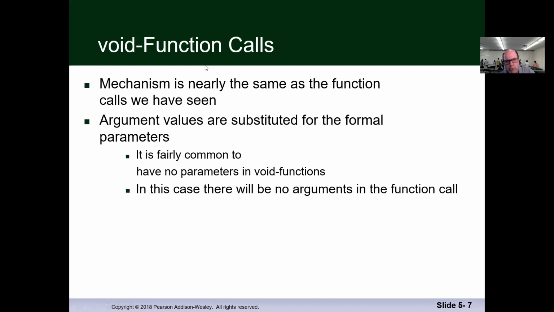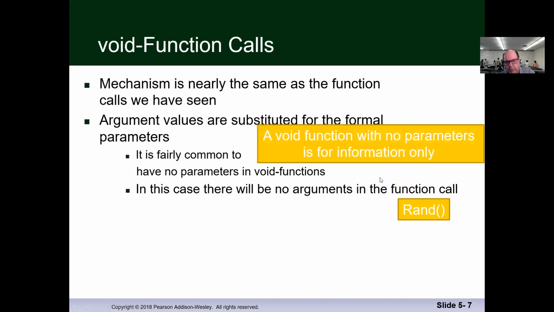For example, the rand function doesn't take any parameters. So we can have functions that don't have any parameters, and of course, we can have void functions with no parameters.